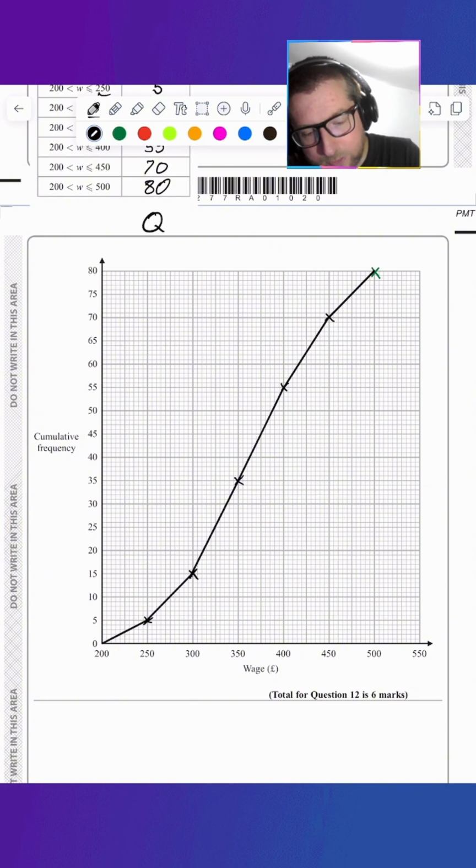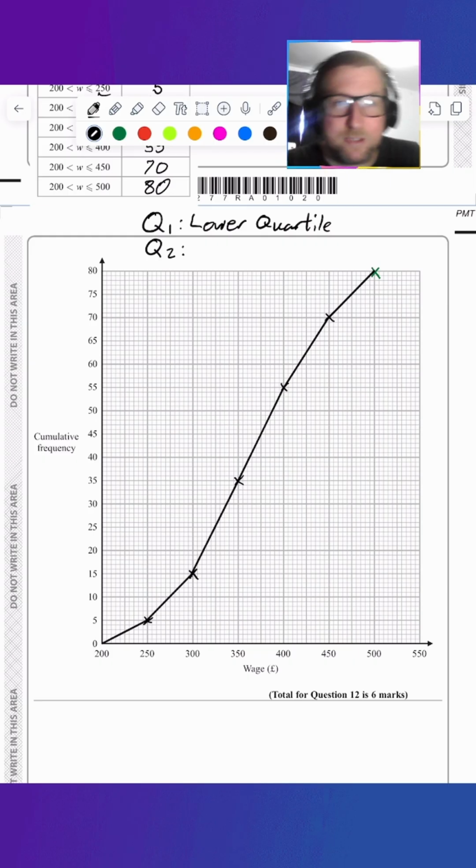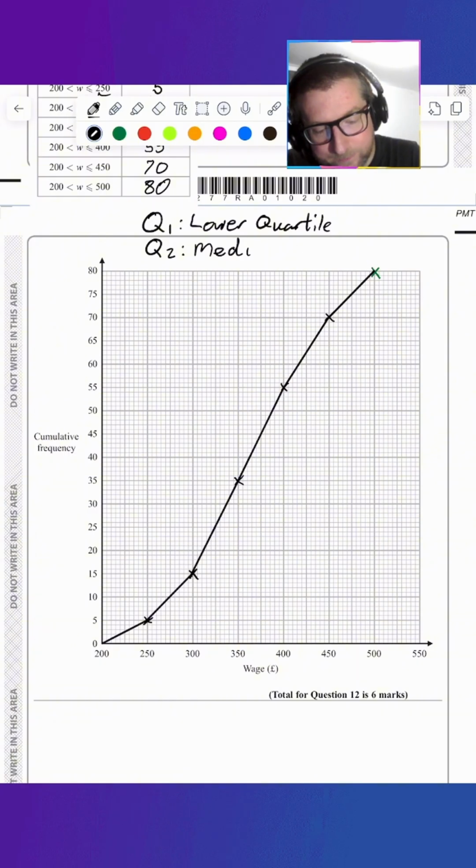So Q1 is the lower quartile. Q2 is the middle quartile, which is also known as the median. And Q3 is the upper quartile.